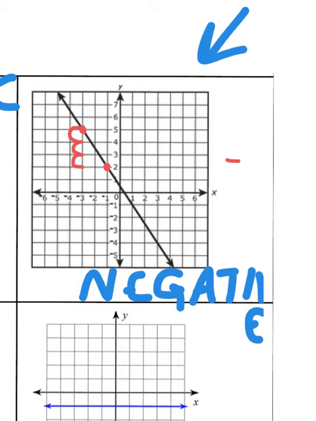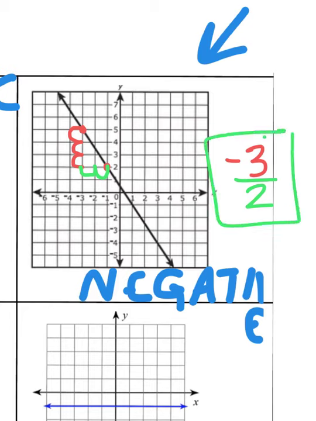Because it's going down, I'm going to write it as -3. And then I still need my run. I went over 1, 2. And then I check, is -3 over 2 simplified? Well, technically it's an improper fraction, but I do want to leave it in fraction form. So yes, -3 over 2.